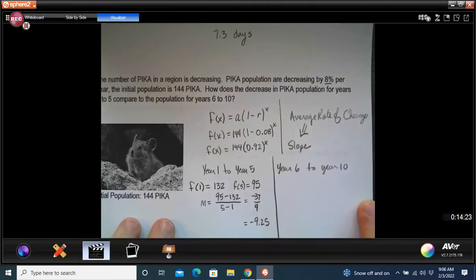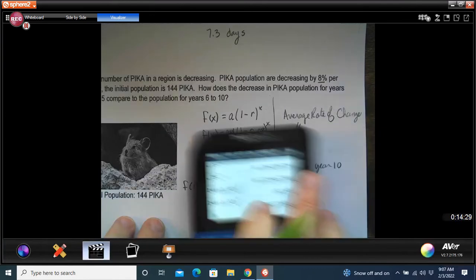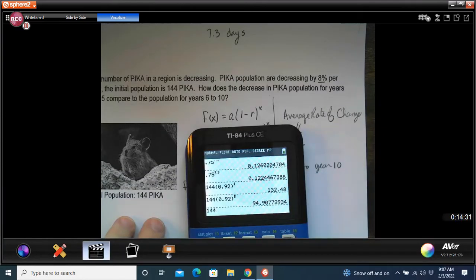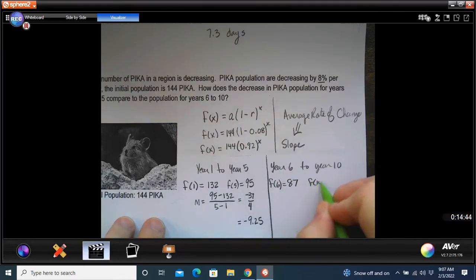Now for year 6 to 10, I'm going to find f of 6. Again, 144 times 0.92 to the sixth power is 87. And I'm going to find f of 10.